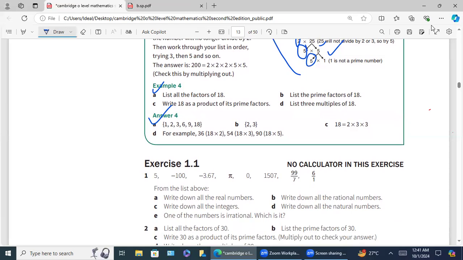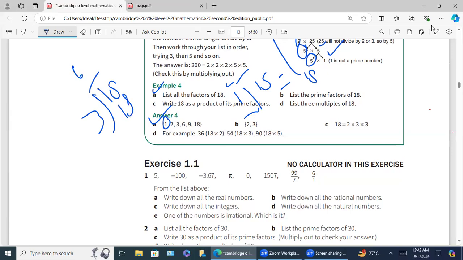You can see here 1 divides 18, and you get 18. 1 easily divides 18. Okay. Then 2, you get 9. Then 3, you get 6. And 6, you get 3.